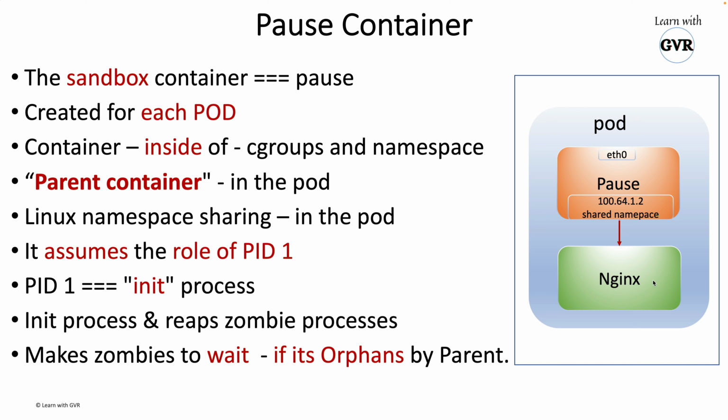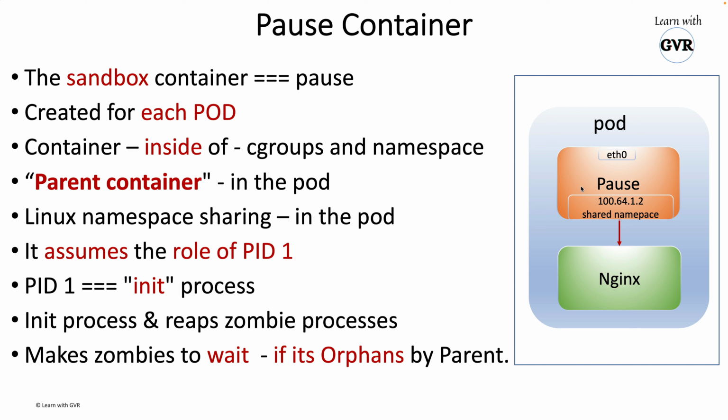Somehow, because of some zombie process within this particular Nginx container, say this container died. Since it has assumed the role of PID 1 and init, it will reap and it does not make an orphan of its parent. Whenever this Nginx dies and comes up, the IP address won't change.